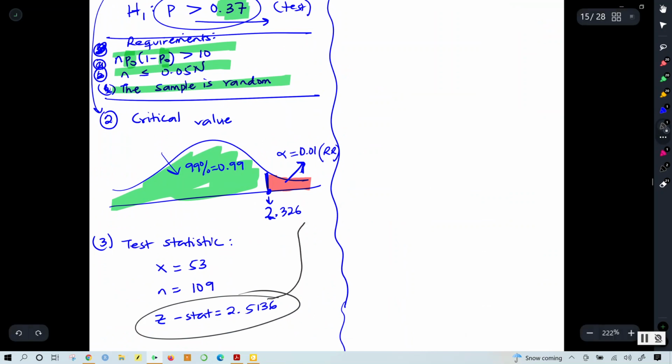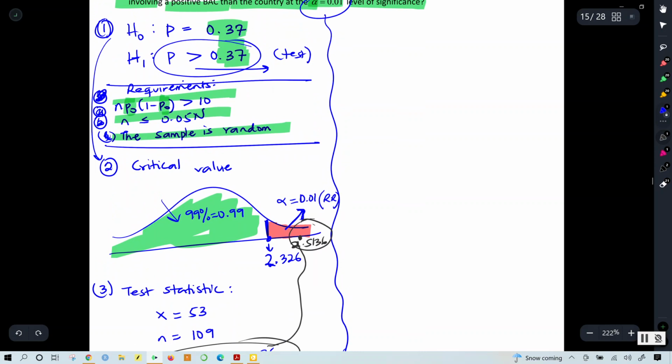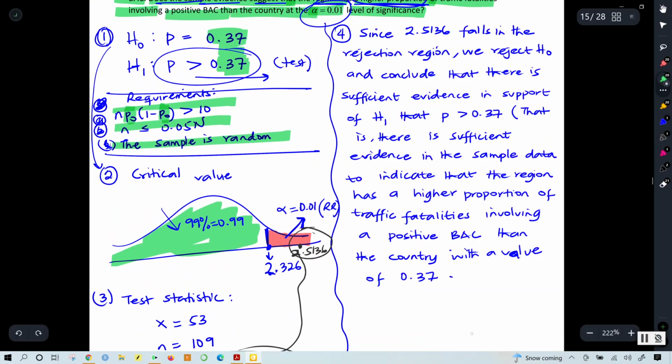Now I'm going to trace where that falls. That definitely is bigger than 2.326. So it will lie to the right of 2.326, which means it is in the rejection region. If it is in the rejection region, as we already know, this means we're going to reject the null hypothesis.